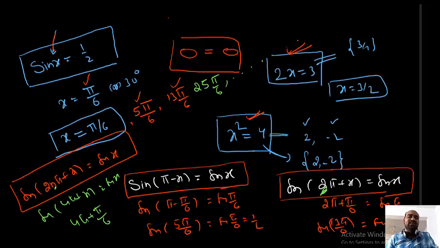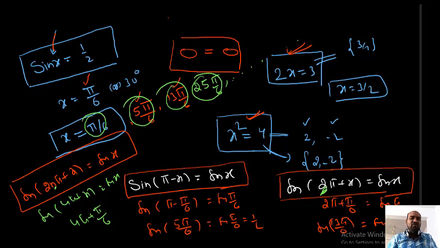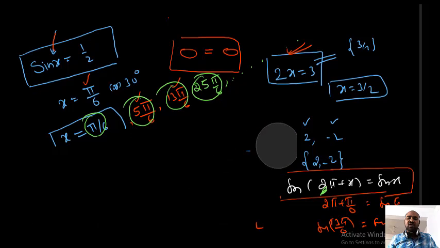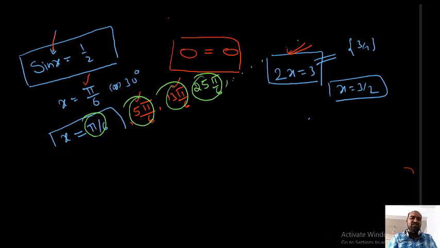What is the meaning of that? If sin x equal 1 by 2 is given, there exist infinitely many solutions. One of the solutions is this, another one is this, another one is this. Like that, you get infinitely many solutions. So our target is how to combine them into a common solution for this equation.